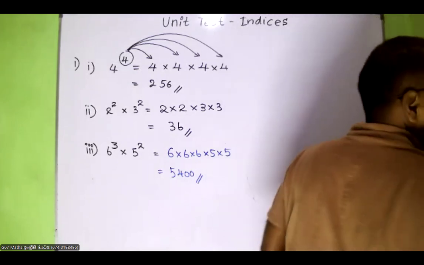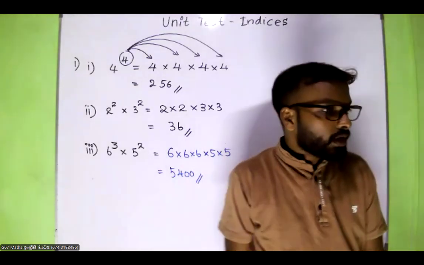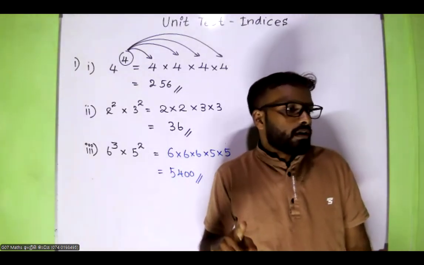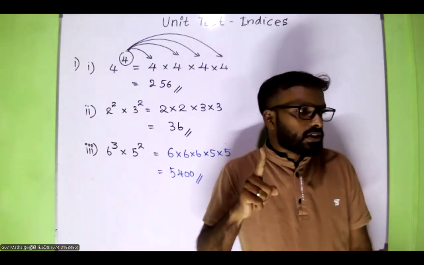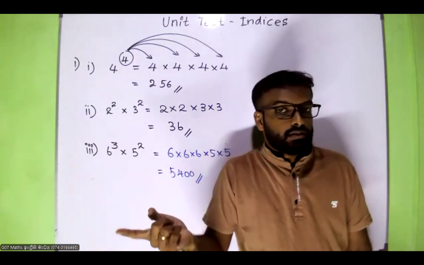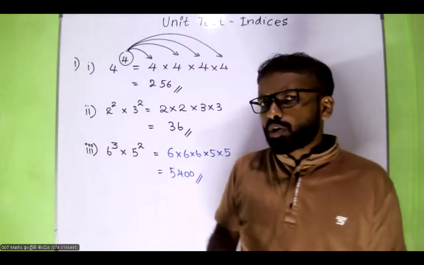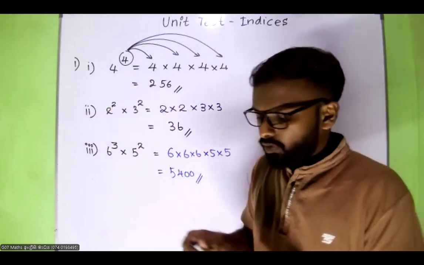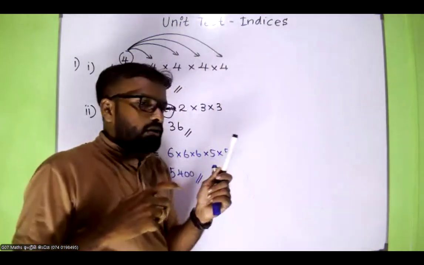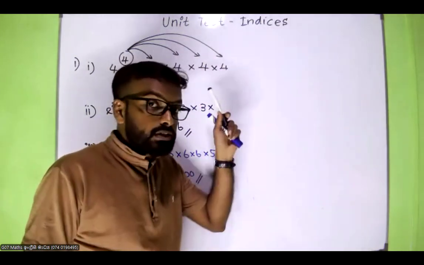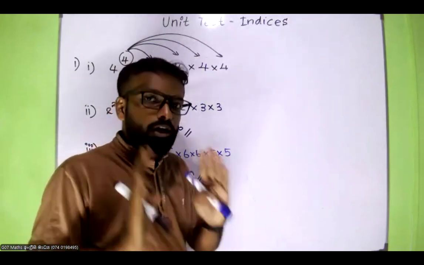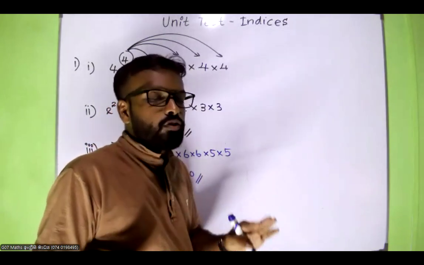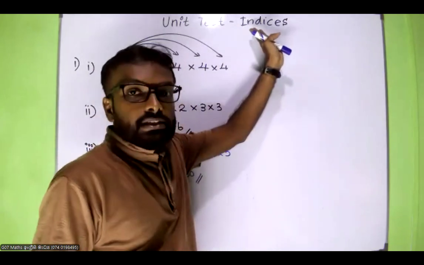In the second one, they are asking you to write down 64 in index notation. What is the index notation? This is the index notation. If I give a little bit of introduction, it is the base of the indices lesson.